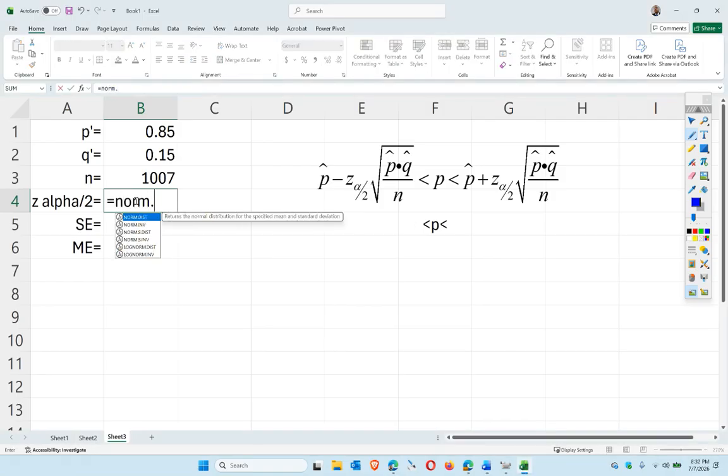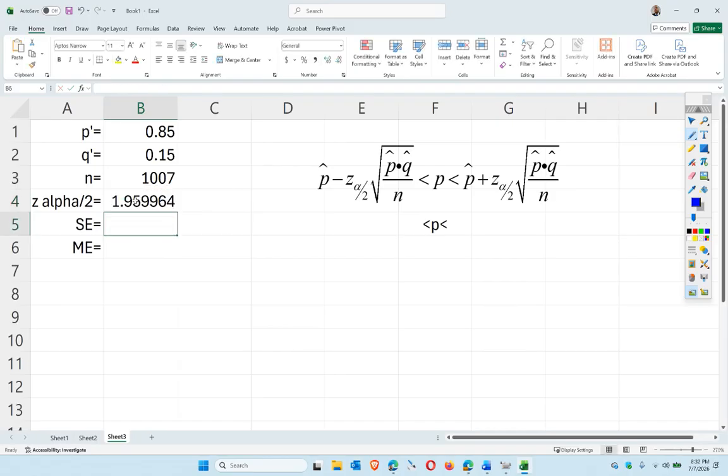So NORM.S.INV 0.975, comma 0, comma 1, and there we go. There's our z value. Okay, so the standard error is the square root of p times q divided by n, right? That's part of the formula here.